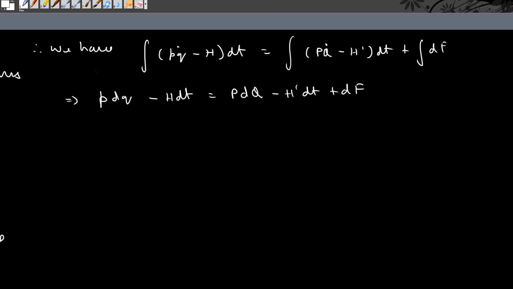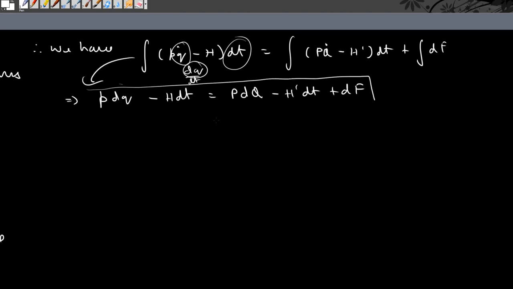So basically I am writing the same relation in differential form instead of the integral form. Q dot is dq by dt, so when we multiply it with dt, we are left with dq, and that is what we get here. Similarly the rest of the things. So this is the relation that we have in order for P and Q to be obtained from a canonical transformation.